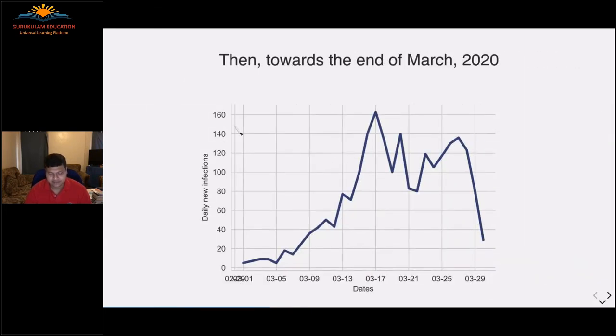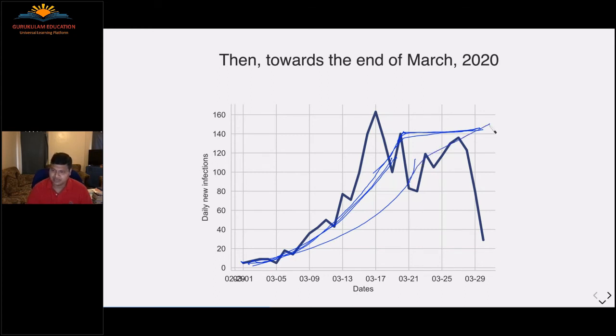Then as we collected more and more data, what initially looked like an exponential growth, this was going up, but then something happened. It's kind of like this. And then we were puzzled, okay, what happened here? Why is it like this? But anyway, if I fit the model now, it's no longer an exponential growth, but rather something that grows exponentially and then maybe linearly, right?